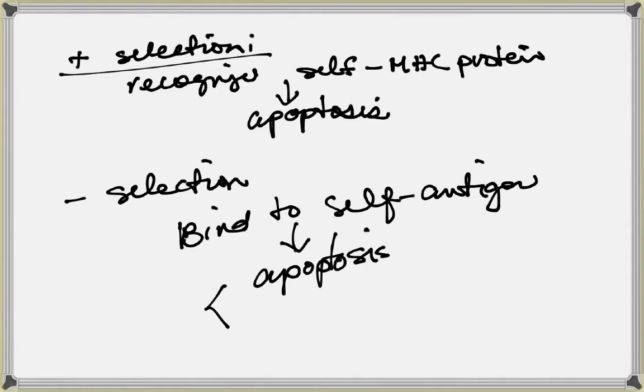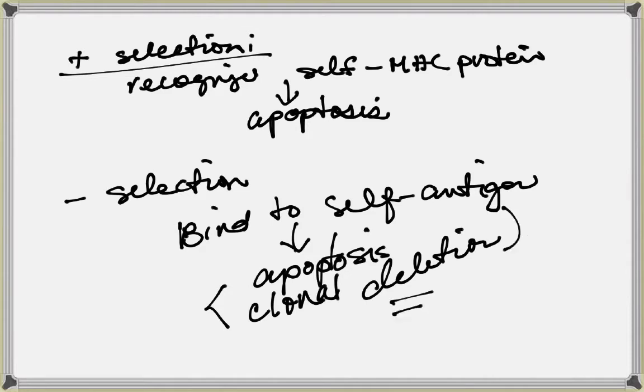This is a process called clonal deletion. And so this is what ensures self-tolerance.